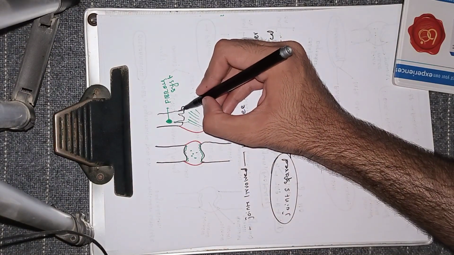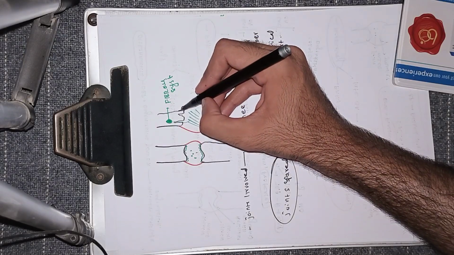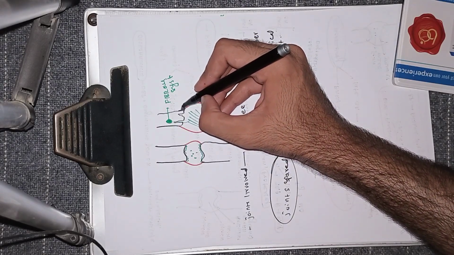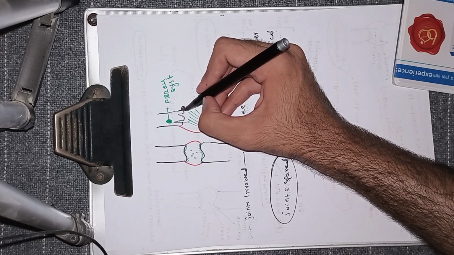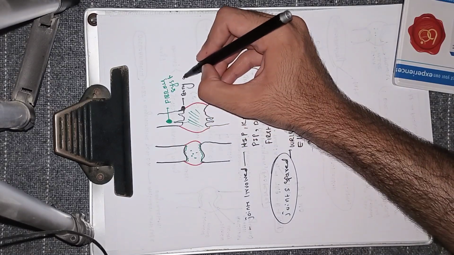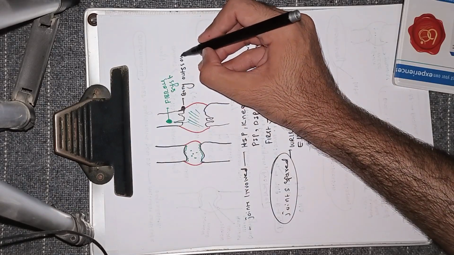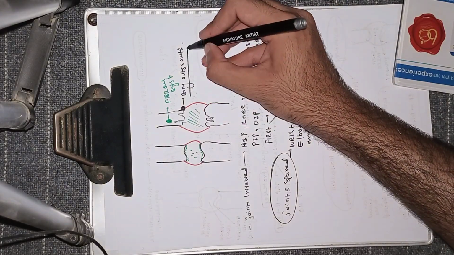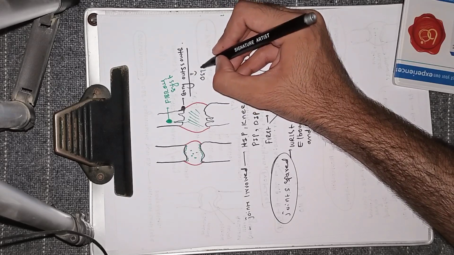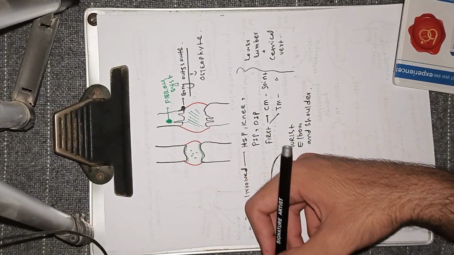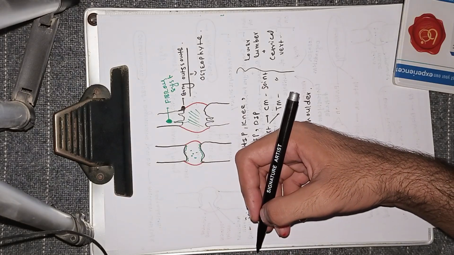This outgrowth of the bone, which is obviously further covered by the cartilage, this bony outgrowth, is seen in case of osteoarthritis. This bony outgrowth is called osteophyte. Okay, this is a very important characteristic feature of osteoarthritis. ठीक है बेटा.